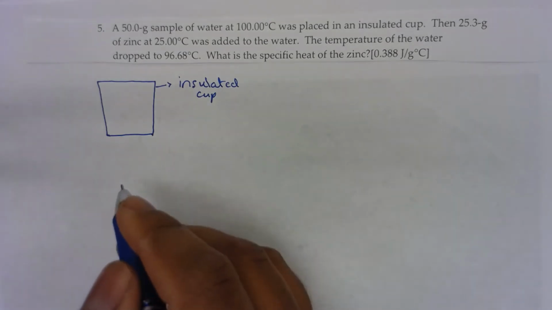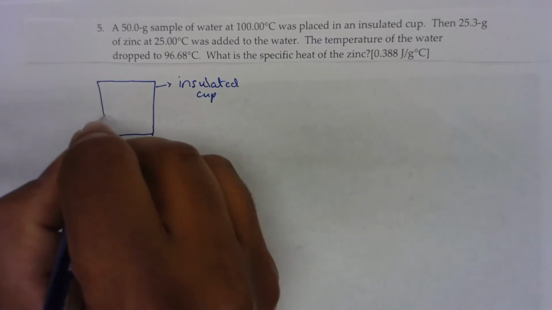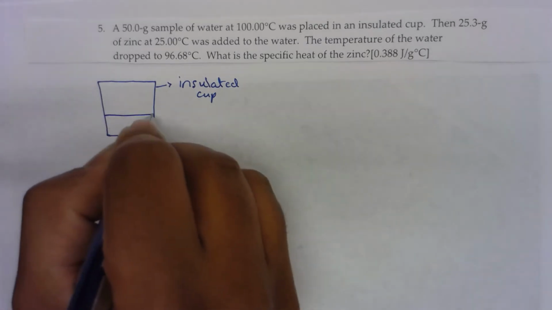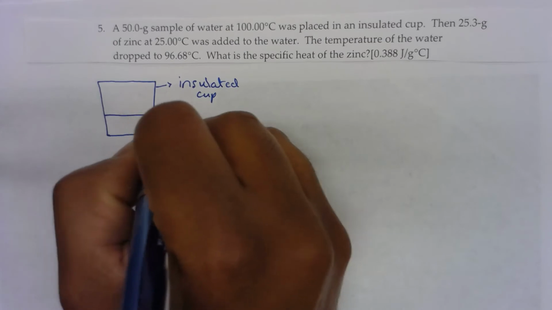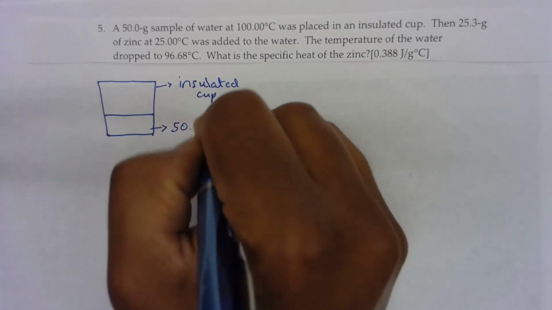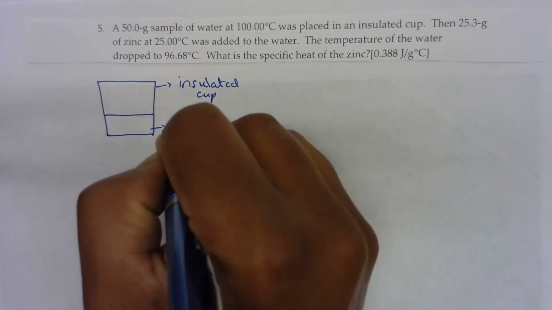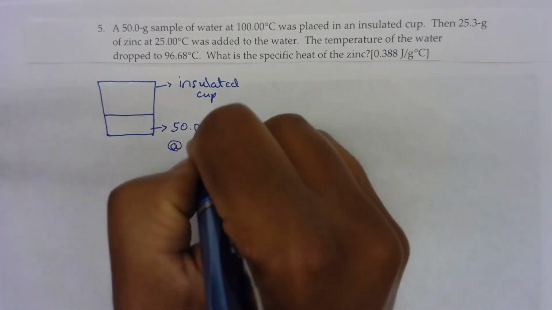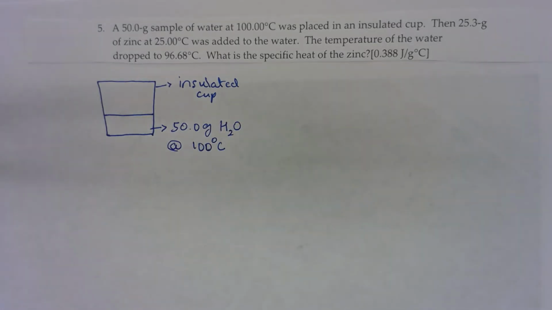What do we have inside of this insulated cup? Water. How much? 50 grams of water. So we'll say that this is 50.0 grams of water, and this is at 100 degrees Celsius. So this is boiling hot water.